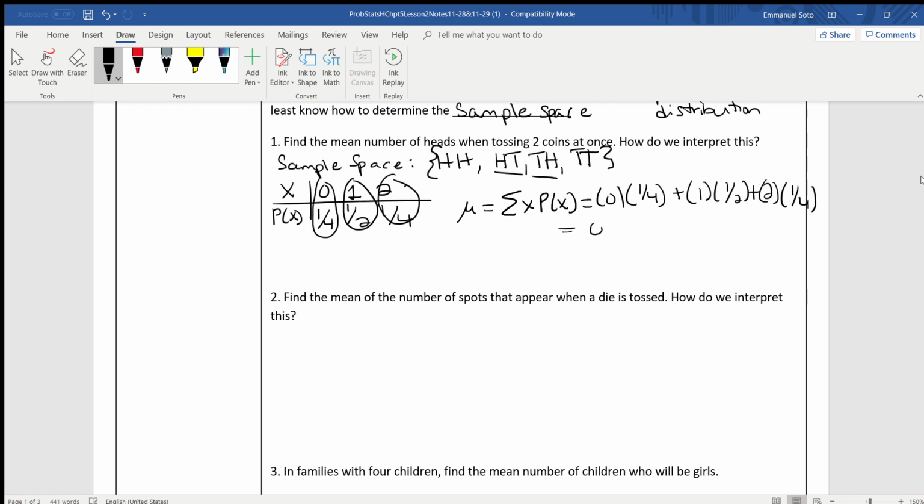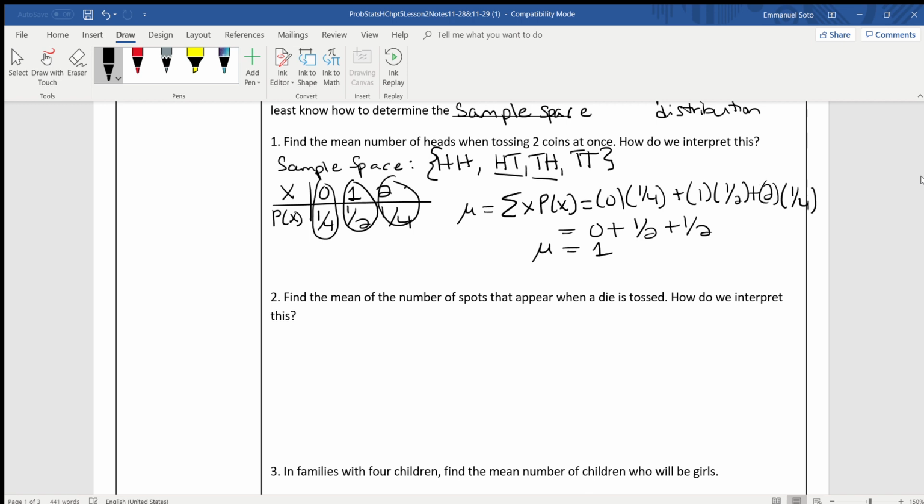0 times 1/4, that's 0. We have 1 times 1/2 is 1/2. 2 times 1/4 is 2/4, which is 1/2. And then 1/2 plus 1/2 is 1. So the mean is equal to 1. So basically that means that in the long run, meaning that the more trials we do of this where we toss 2 coins at once, if we keep continually doing this forever, if we average out all our trials, we should get 1 head on average.